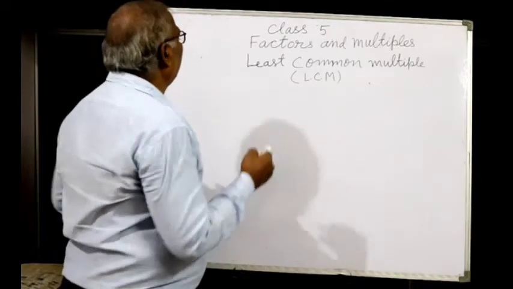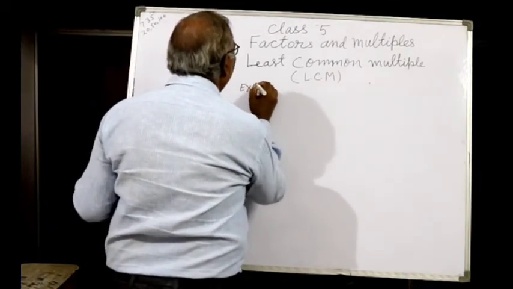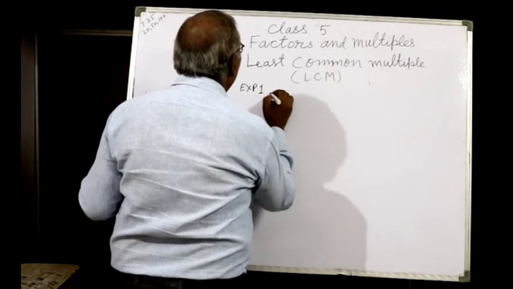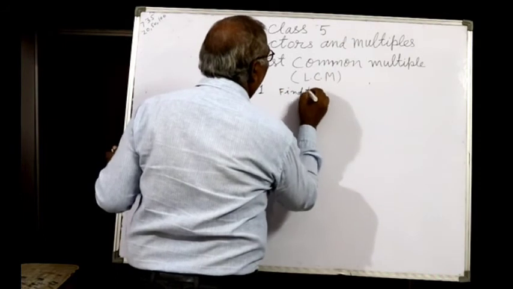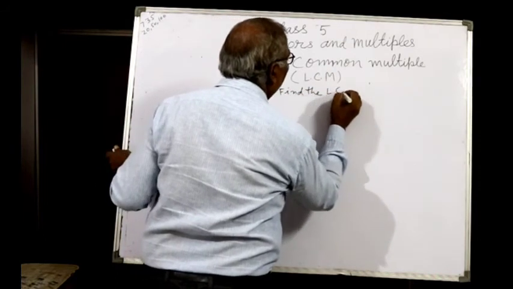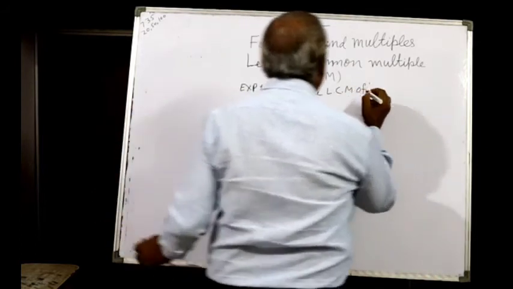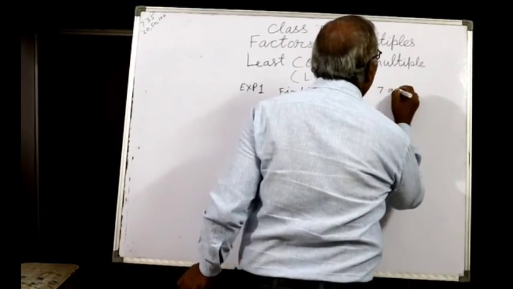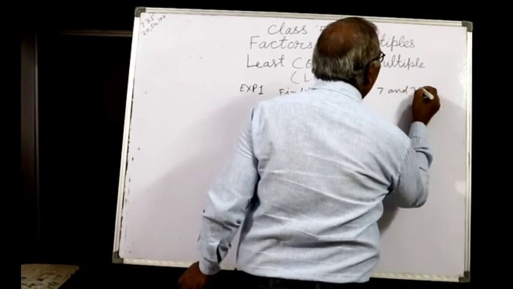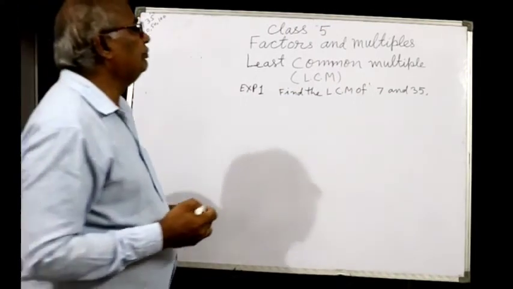Now we will take one example. Example 1: find the LCM of 7 and 35 by listing method.